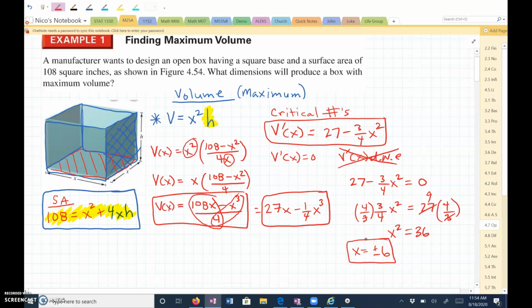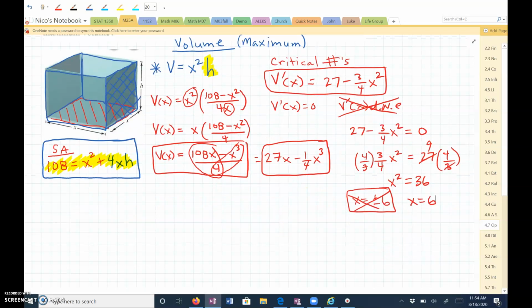Now, since x represents the length of a side here, negative doesn't make sense, so we're only going to evaluate x equals 6. Now we need to figure out whether this is a maximum or not. This 6 inches.